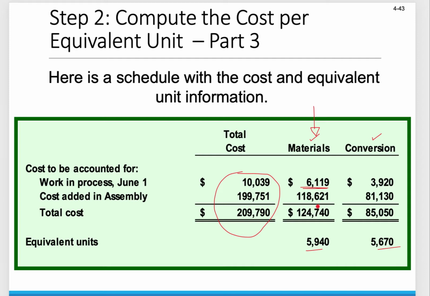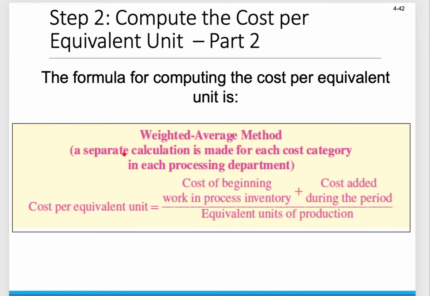Well, with respect to material, we added $118,621. That means the total cost with respect to material is $124,740, okay? We're basically walking through the numerator portion of this slide. That's all we're doing, okay?